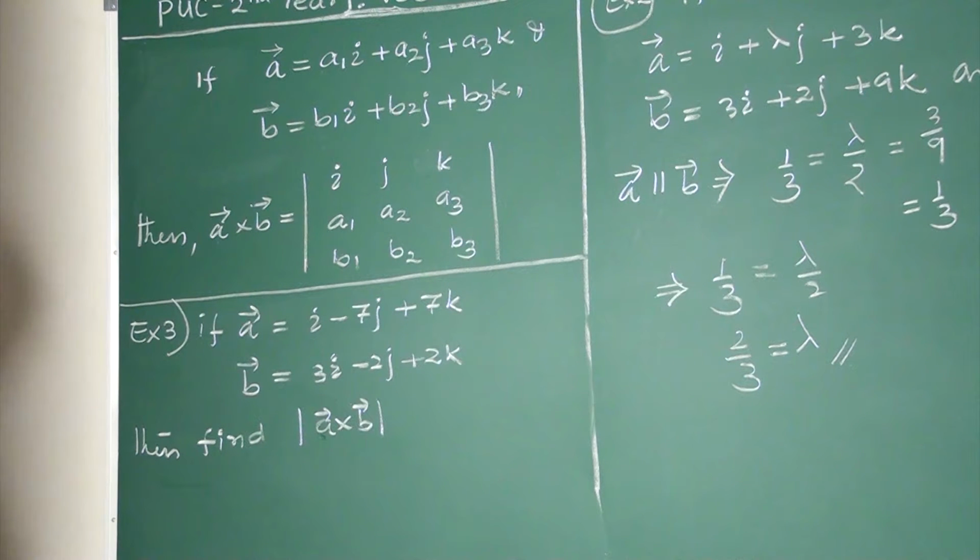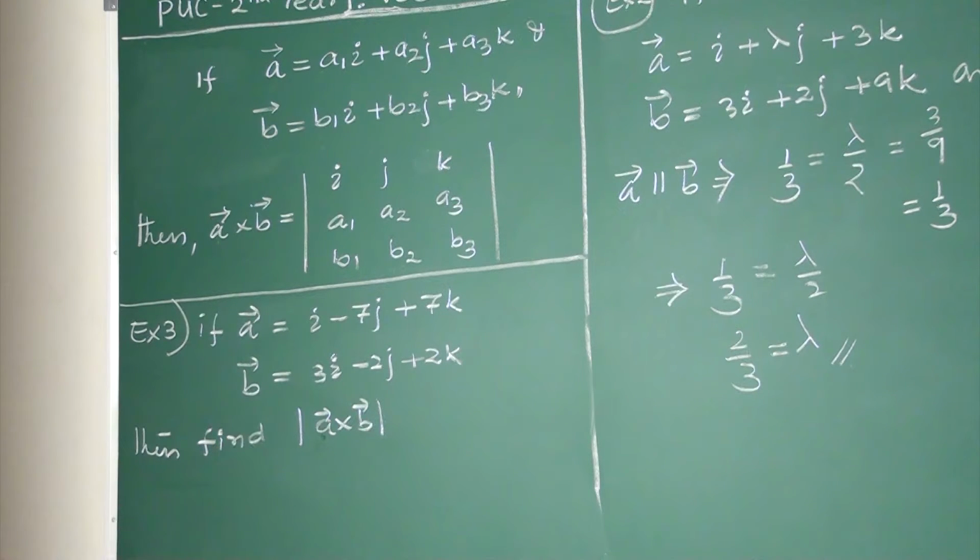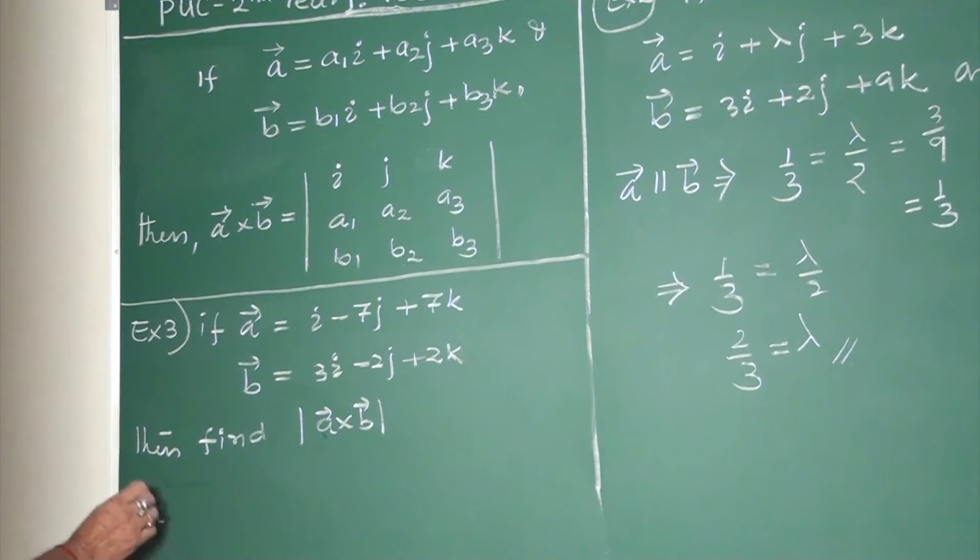Good example. First you have to find A cross B, then the magnitude.